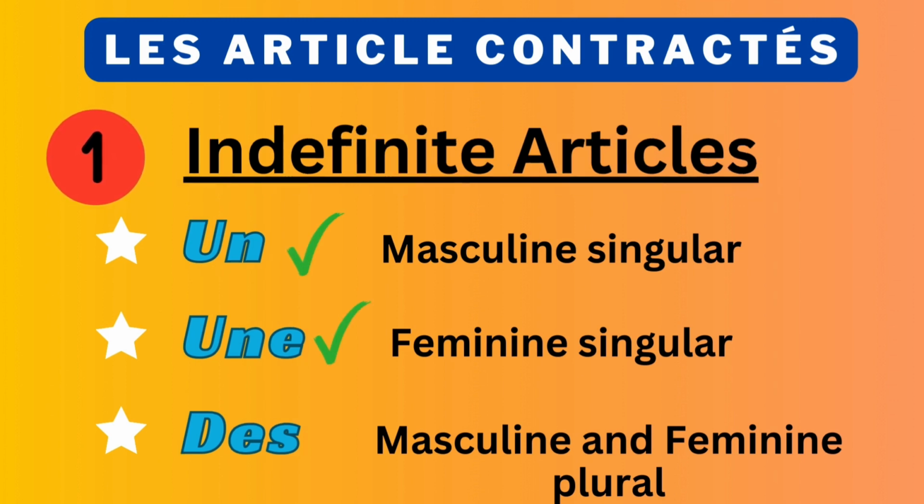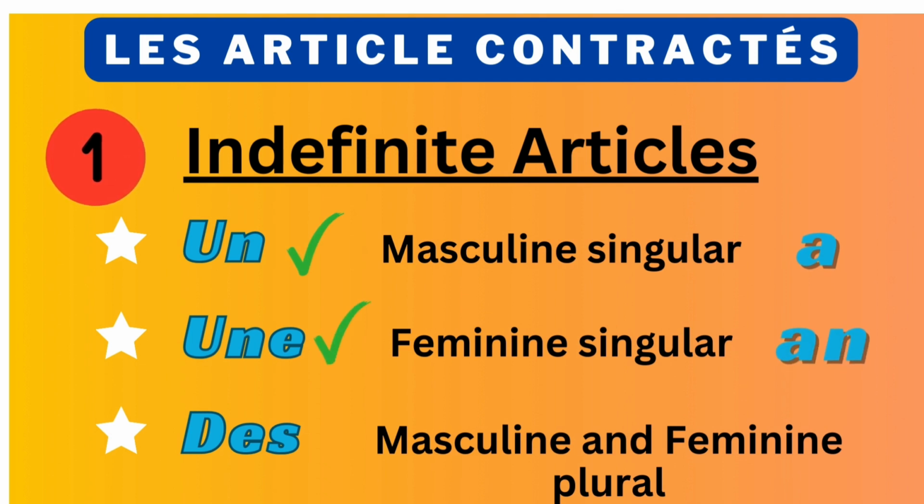Un and une can be translated as a or an in English, while des is often translated as some in English. These articles help us specify whether we are talking about one thing or more than one, and whether the thing is masculine or feminine.